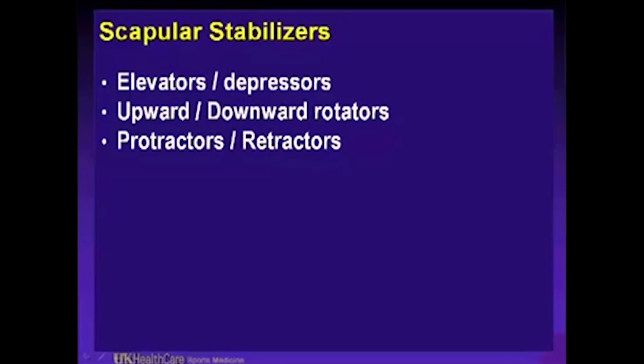It is important to understand these muscles and the way that they stabilize the scapula, because oftentimes you can have scapular dyskinesis, which must be addressed before a shoulder problem will improve. Oftentimes, the scapular winging in athletes is secondary to a shoulder problem.